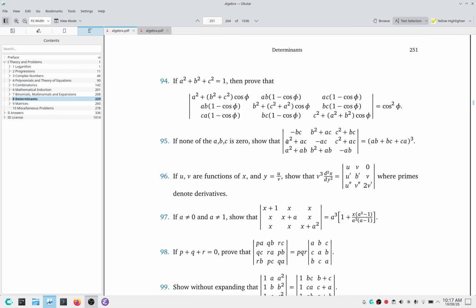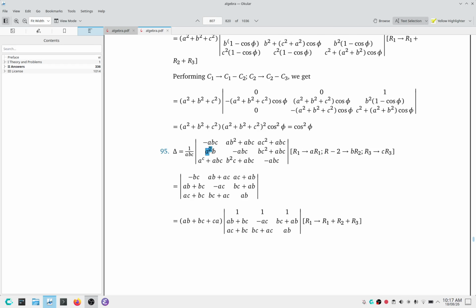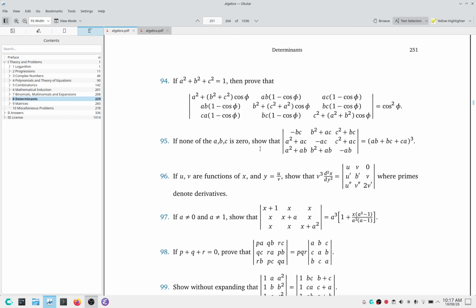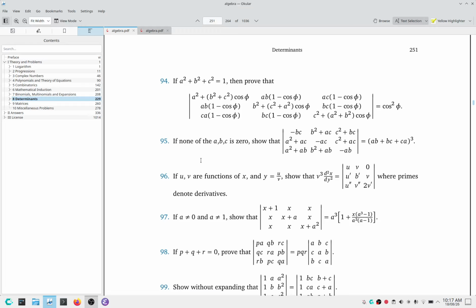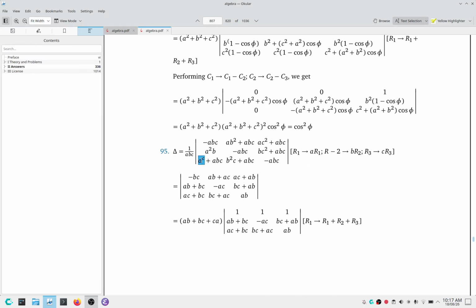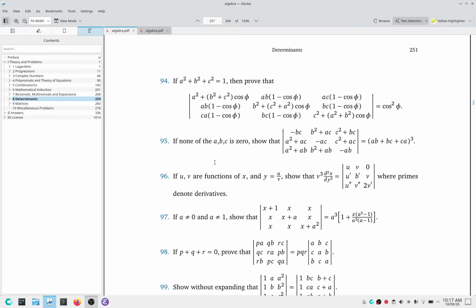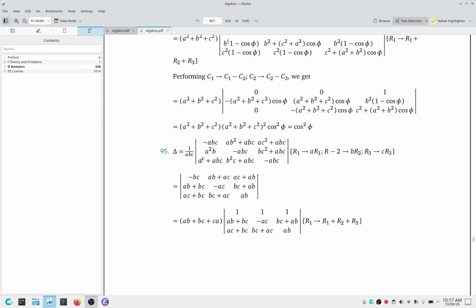So this would be a square b plus abc. So there is a typing mistake here. It is not a square b, it is a square b plus abc. And then what we do is we take out a common from the first column. Here again there is a mistake. This would be a square c plus abc. So there is a typing mistake again in these two places.